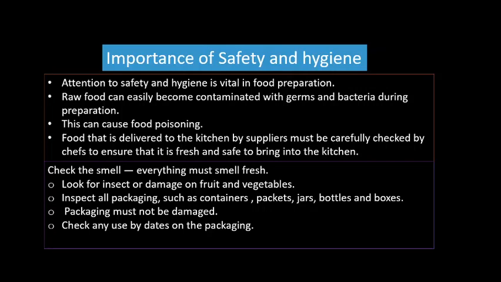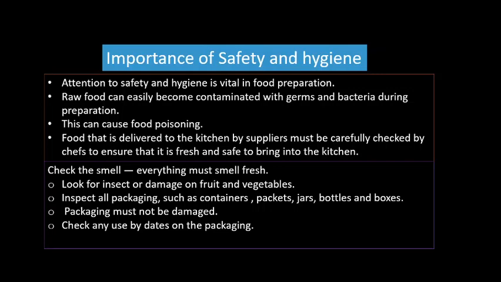Food that is delivered to the kitchen by suppliers must be carefully checked by chefs to ensure that it is fresh and safe to bring into the kitchen. So it's the responsibility of the chef to carefully examine the food being delivered to your kitchen. The chefs are responsible for checking the smell.